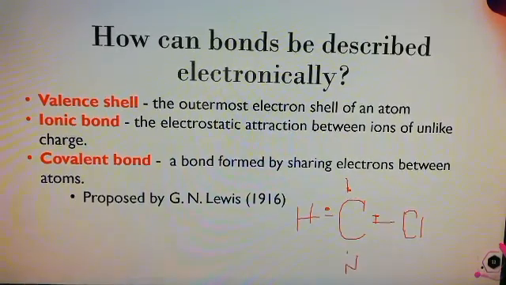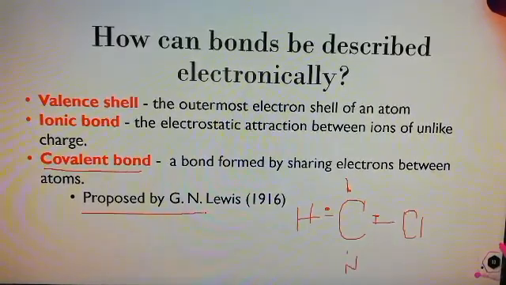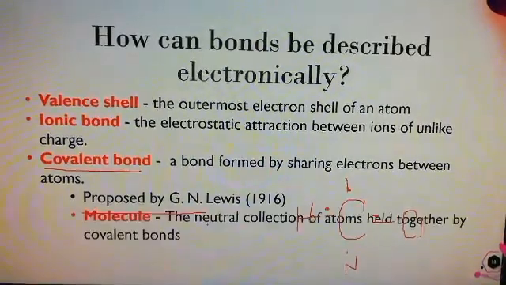So, this shared electron bond is called the covalent bond. So, ang covalent bond, it was proposed by G.N. Lewis in 1916. So, when we combine atoms with covalent bonds, tinatawag na natin siyang molecules.